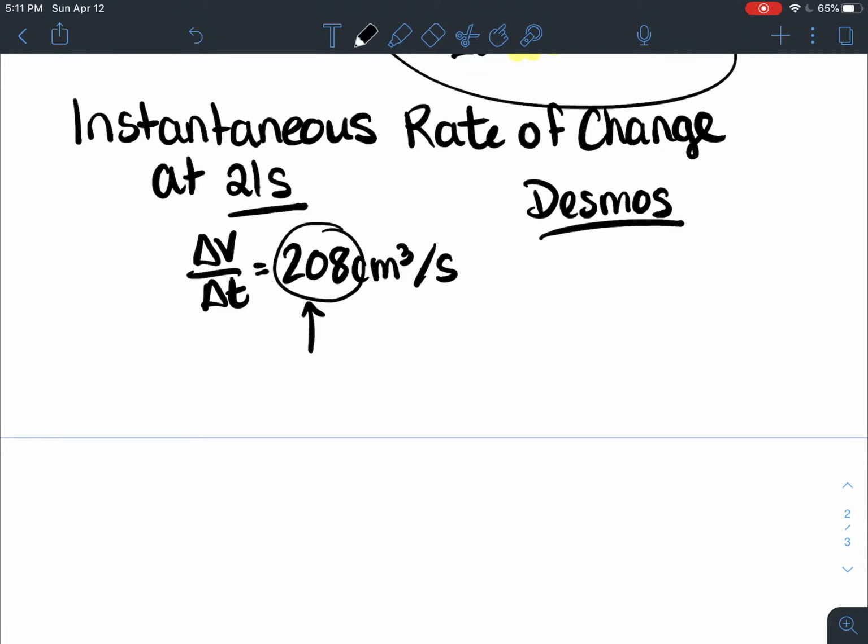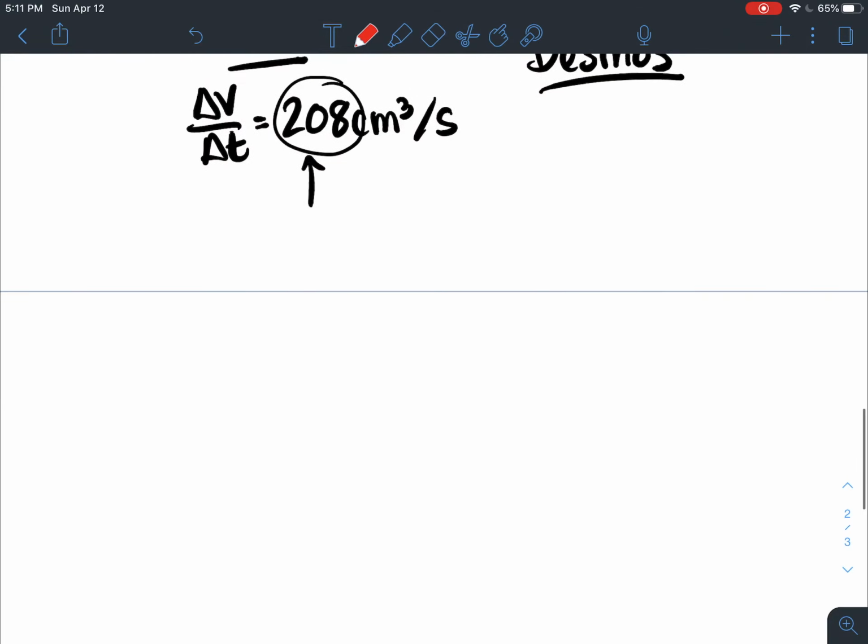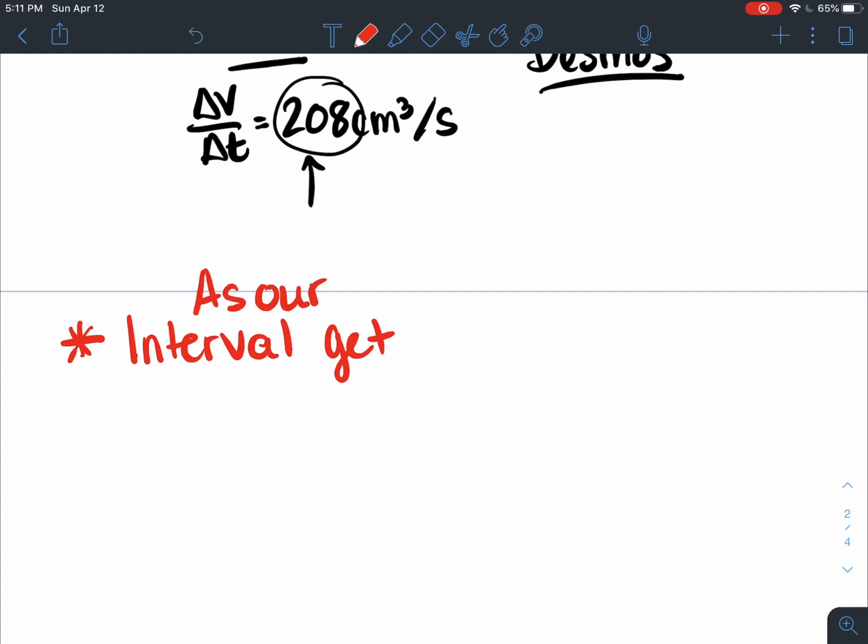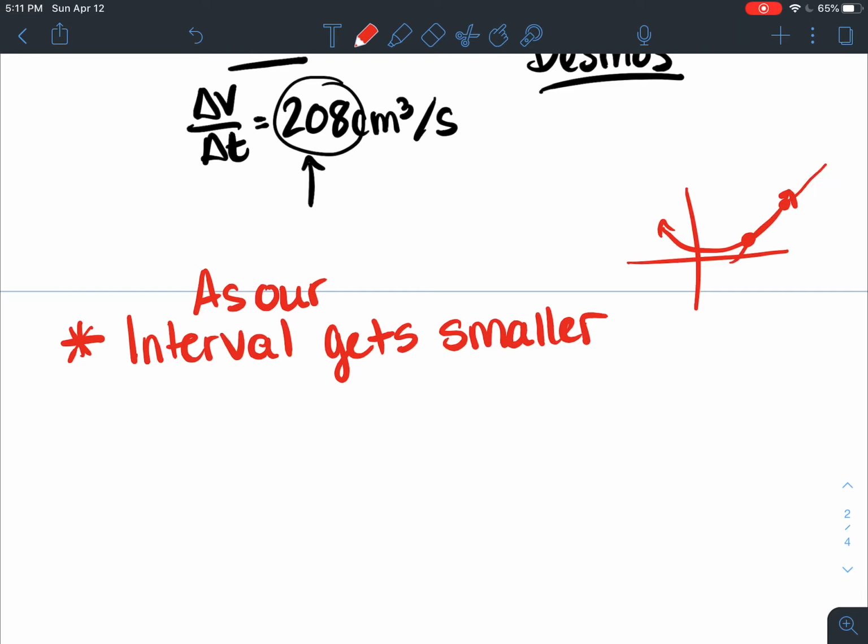Some really important things to highlight here: as our interval gets smaller, so if we have a graph with a line and we're trying to figure out the slope at this point, if we pick far away values to find the rate of change, it's not as accurate as when we pick points that are very close together.